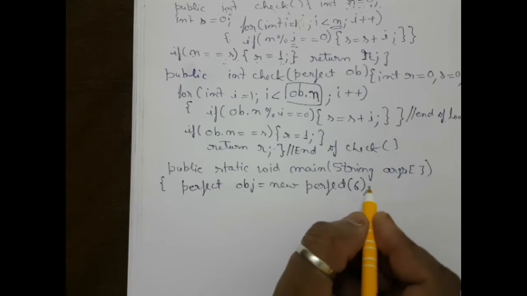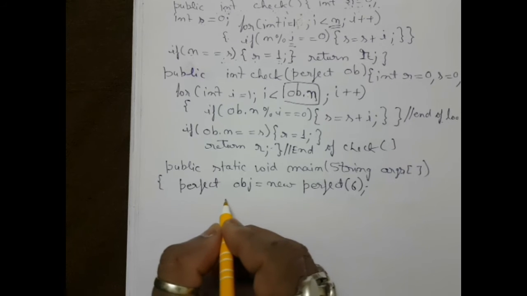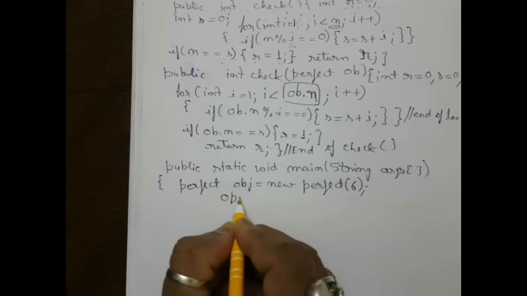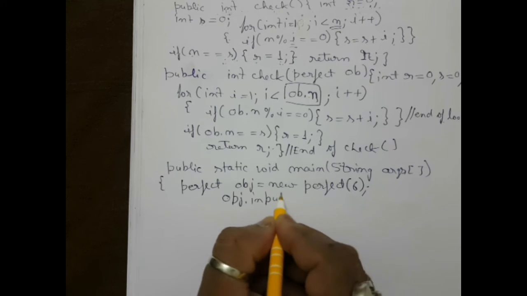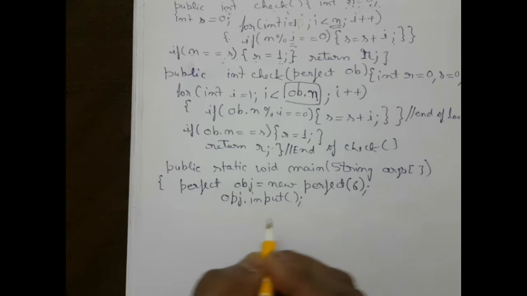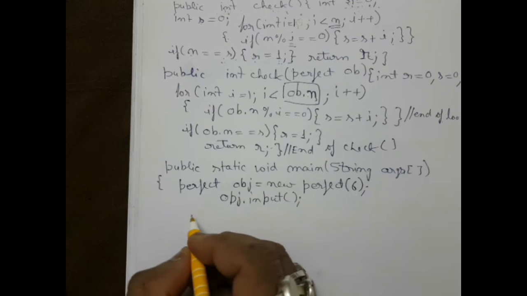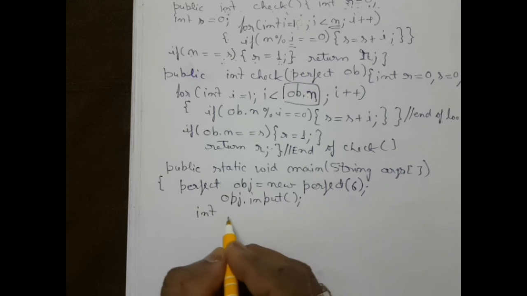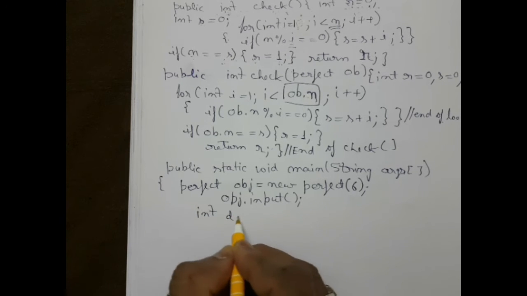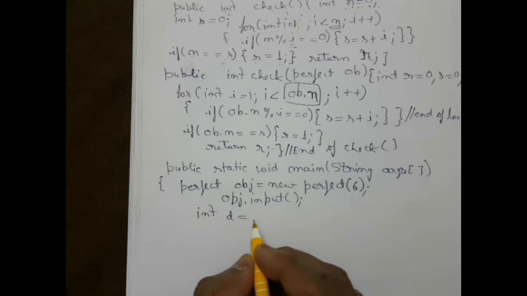So after that, in case you want to change the number, otherwise that was also fine, obj.input. So whatever number you want to give, you may provide. Okay, after that we have to check. So I take here as D, because the function check is going to return a value.